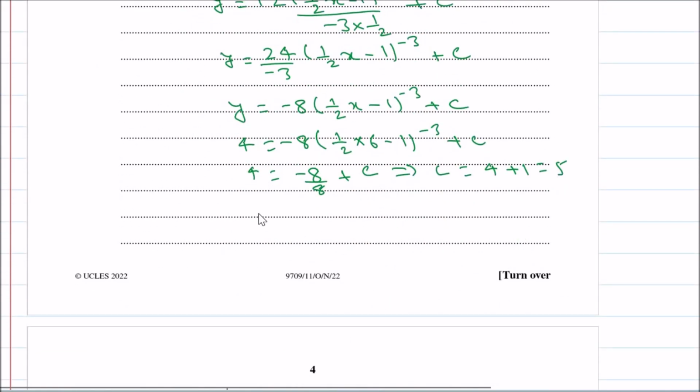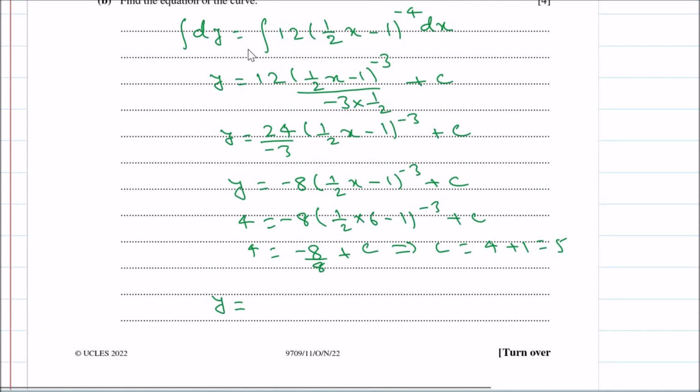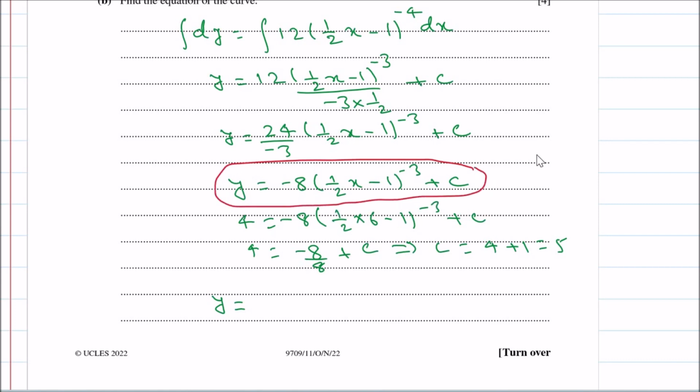Now we got c, so what can we do? We have to substitute this. So we'll get the equation y equals, we'll substitute it here in the simplified form, and our simplified form is this one. Let's substitute the value of c here, and that will give us the equation.